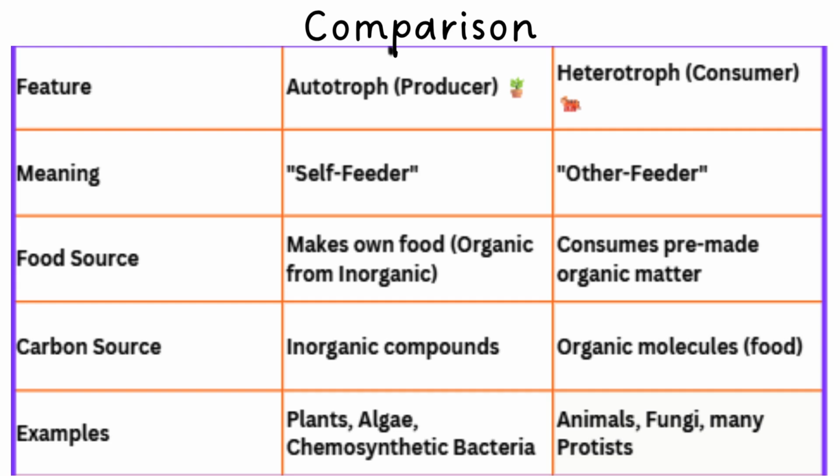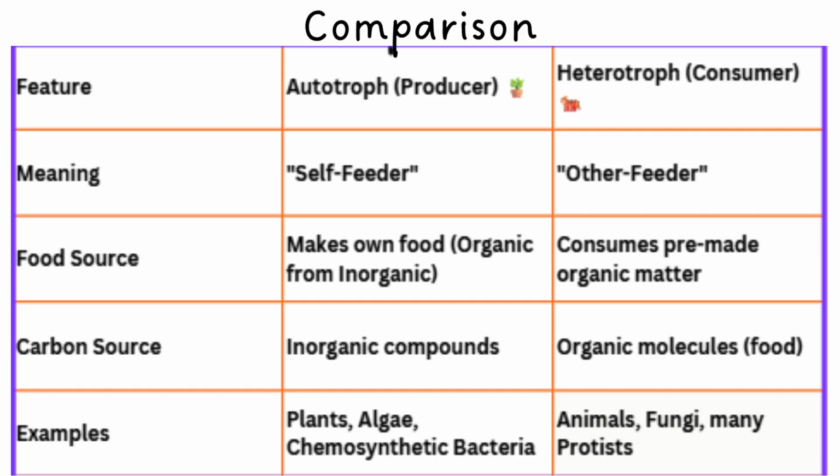Autotrophs can make their own food from inorganic materials. Heterotrophs consume pre-made organic material. Autotrophs get their energy source from inorganic materials like carbon dioxide and water. And heterotrophs get their energy source from organic molecules that they consume as food.